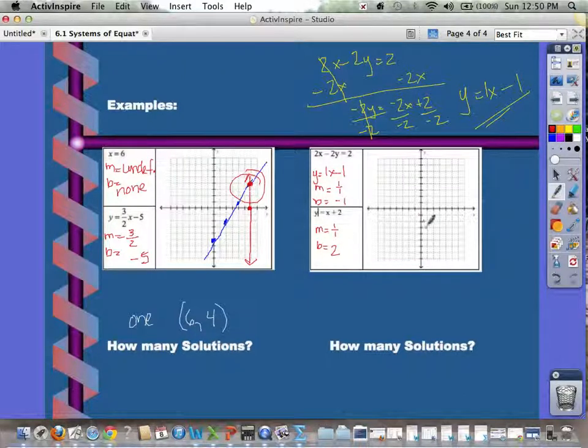Now, let's graph these. I am going to start with my first one at b negative 1. That means I am going right here. And up 1 and over 1. Up 1 and over 1 to the right. And I can also go down and left. Down and left.